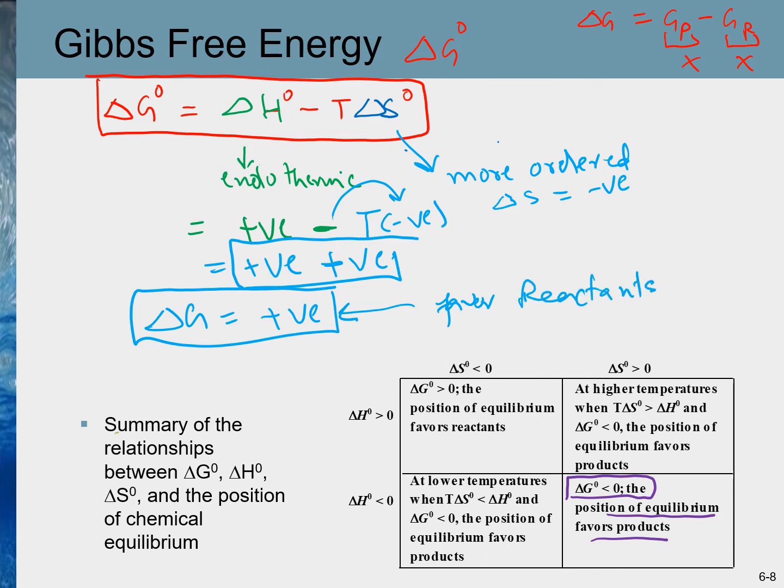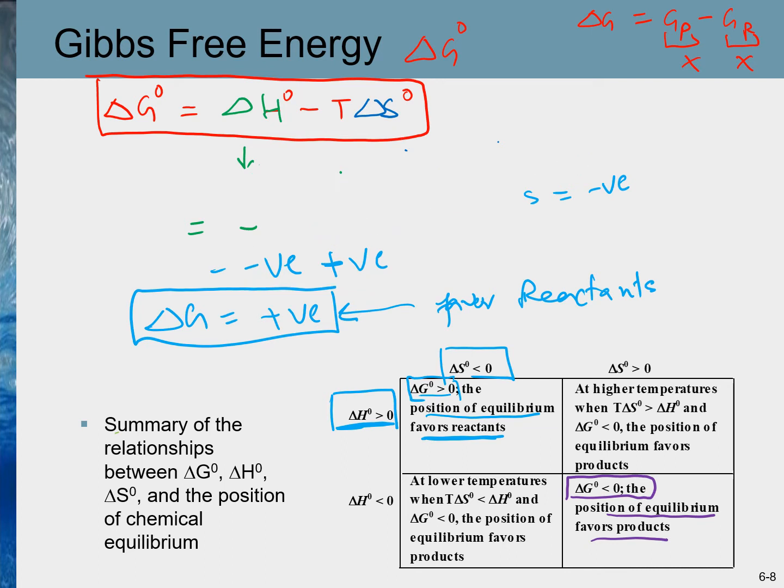So when delta H is positive and delta S is negative, delta G will always come out to be positive, and the reaction equilibrium will always favor reactants. It means that the products will not form. So these are two extreme cases. Now there are one or two middle cases also. Let's discuss those two also.